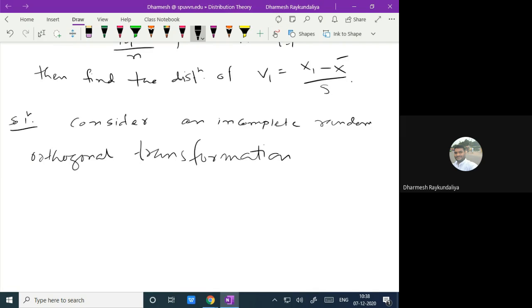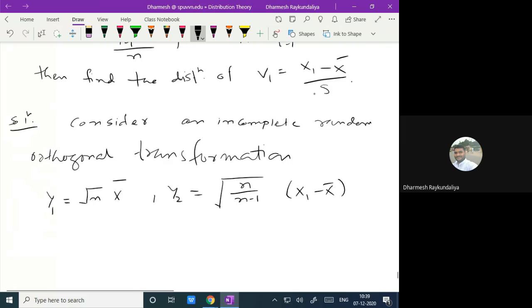So we will not consider all the transformations. We will consider only two. That is, y1, the first variable, is nothing but root n x bar, and y2 is nothing but root n upon n minus 1 times x1 minus x bar.